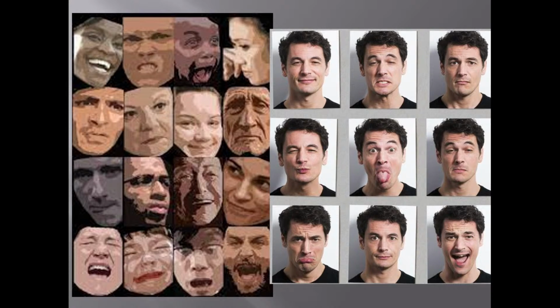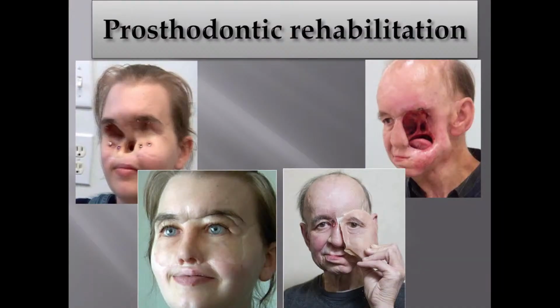The condition might also alter the individual's financial, spiritual, and social status due to the irreversible loss, and impaired social status due to the physical disfigurement and mental impact. And surgical or prosthodontic modalities help in rehabilitation of the patient to bridge the gap and help to restore his individuality in the society.